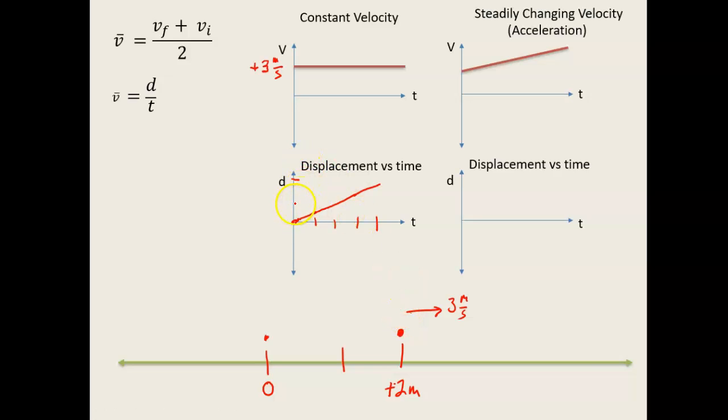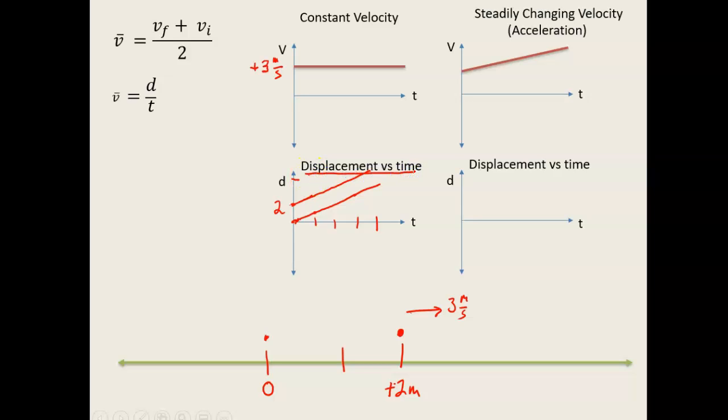Well, you'd say I started at time 0, it was already at the 2 meter location, and each second that went by, it moved in the positive direction by 3 meters. So it went up 3 meters, up another 3 meters, up another 3 meters, up another 3 meters. It would simply look like that. So if you're moving in the positive direction, you should see a positive slope to your displacement versus time graph.